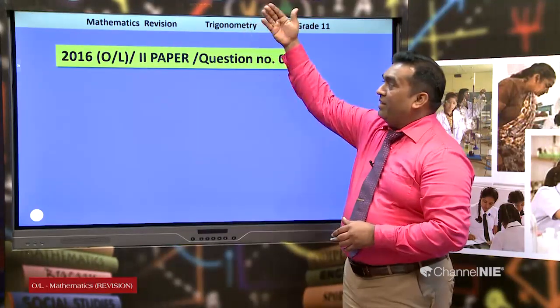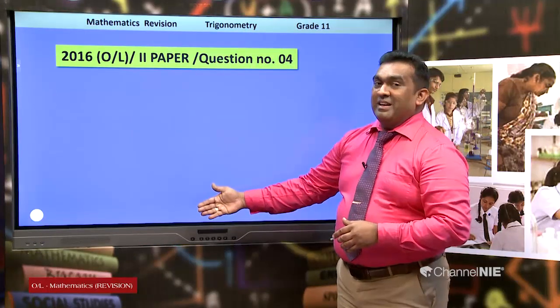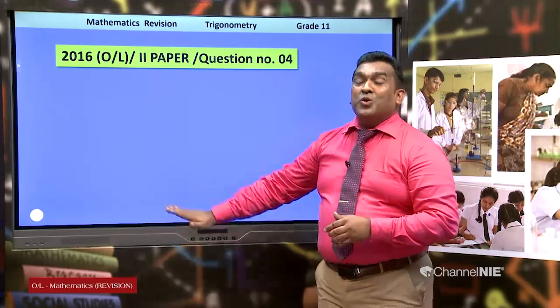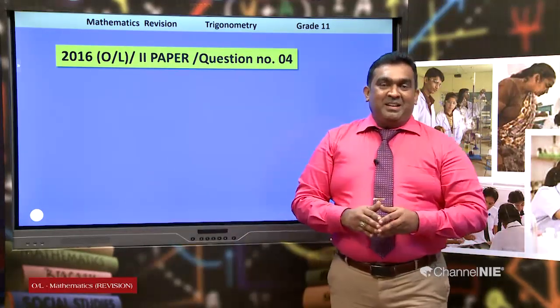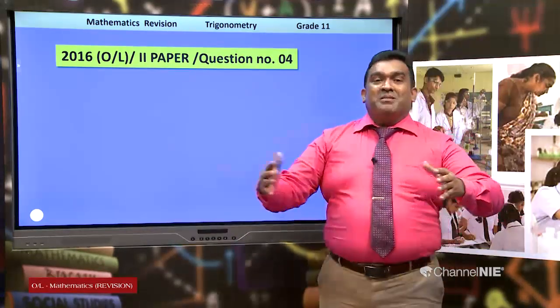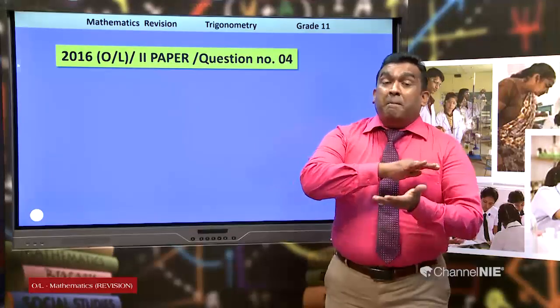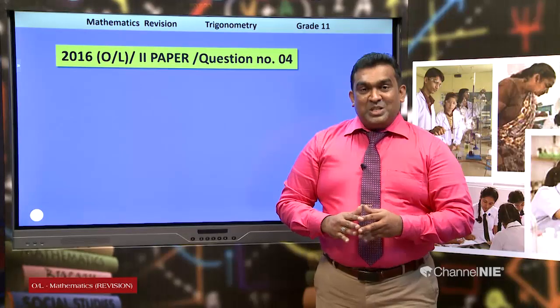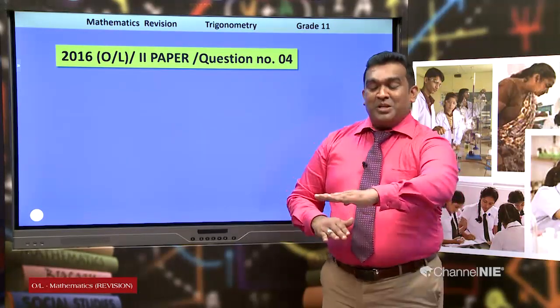How to define the vertical plane? A plane perpendicular to the horizontal plane. Then how to define the horizontal plane? A plane parallel to the ground is your horizontal plane. This is the horizontal plane. Perpendicular. Now this is the vertical plane.